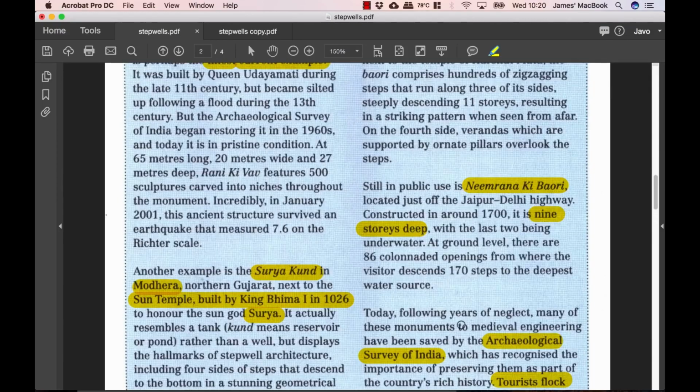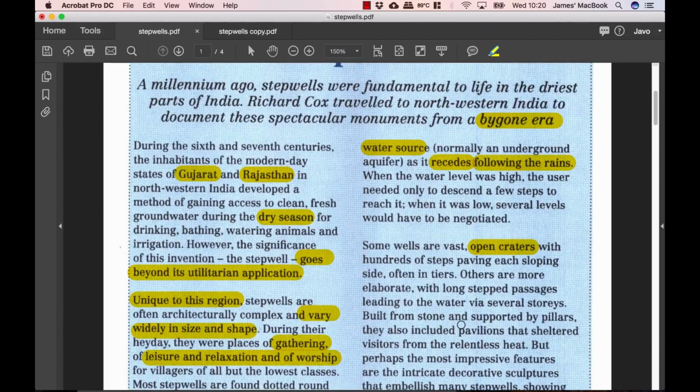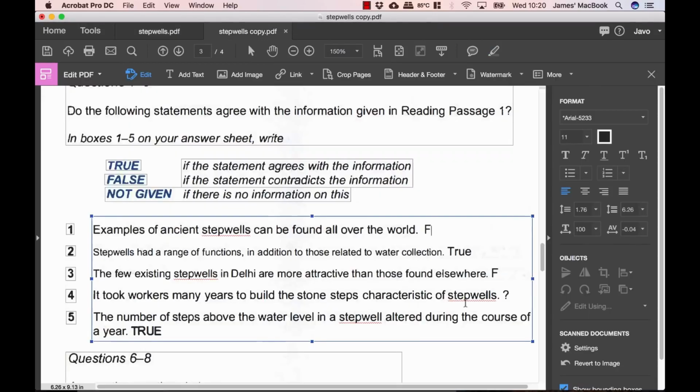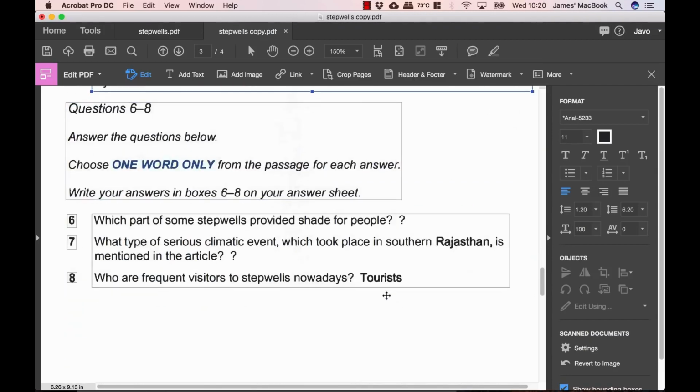Okay, I can't see anything about workers or anything like that, so this I would say is an NG, not given. Because no doubt they did take many, many years to build them. One of them is 9 stories deep, so it no doubt took a lot of time.